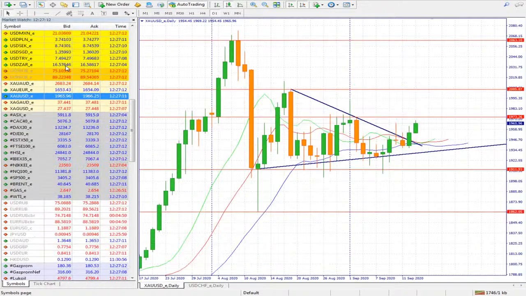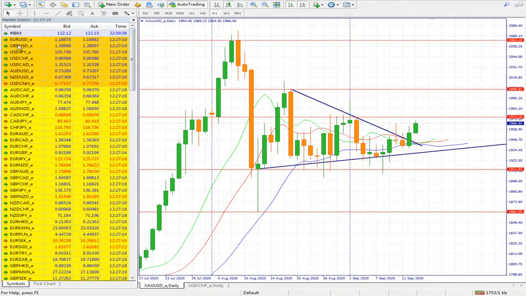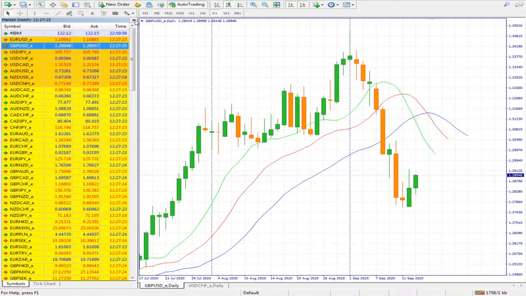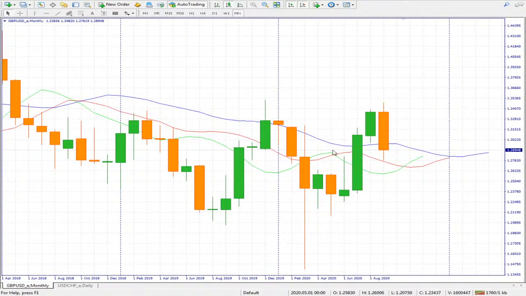The next chart I want us to look at, which looks interesting for me, is GBP USD first of all. So GBP USD on my screen already. If you check the monthly, this is what is currently happening. So I'm looking at it from the monthly point of view because it looks really interesting on the monthly.